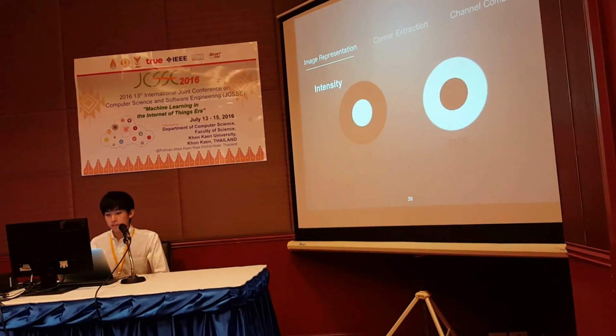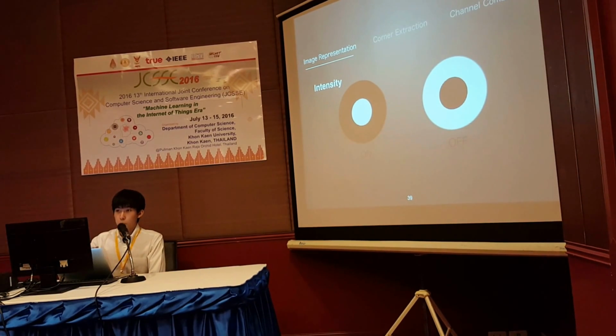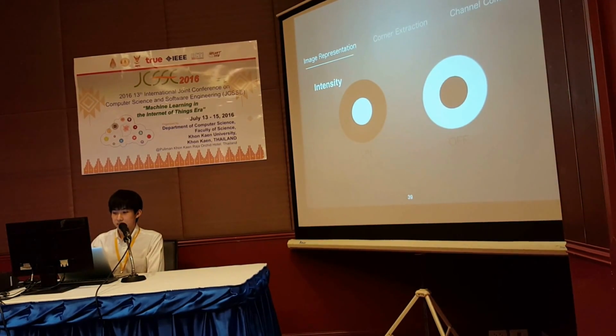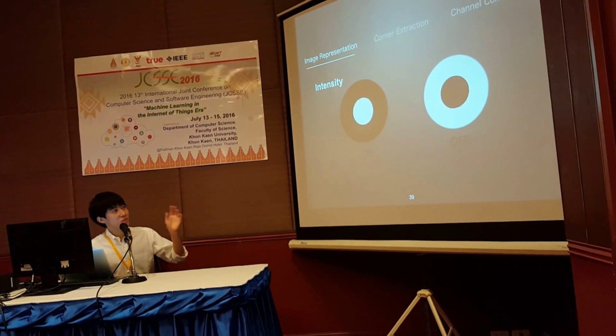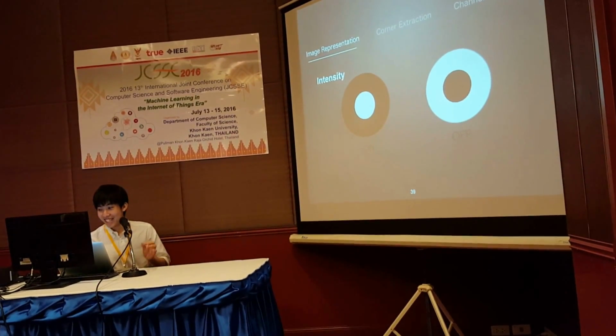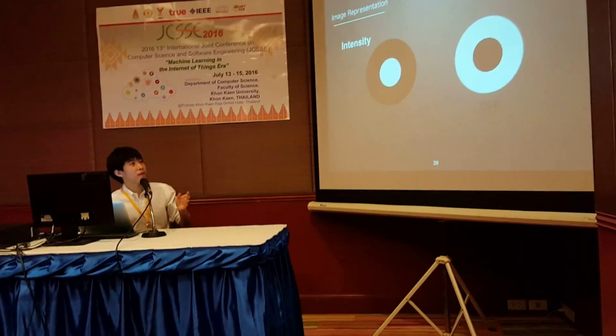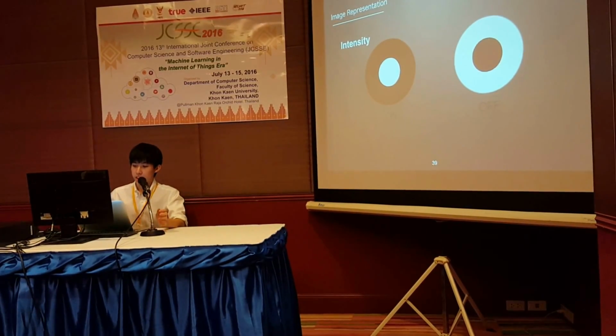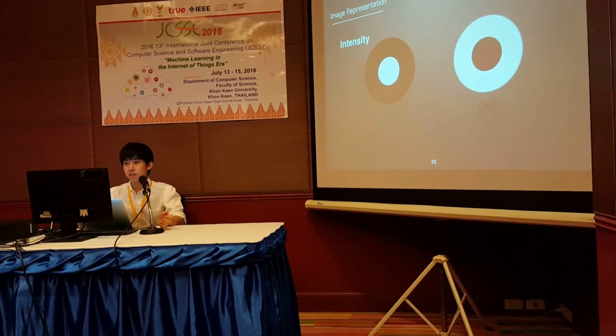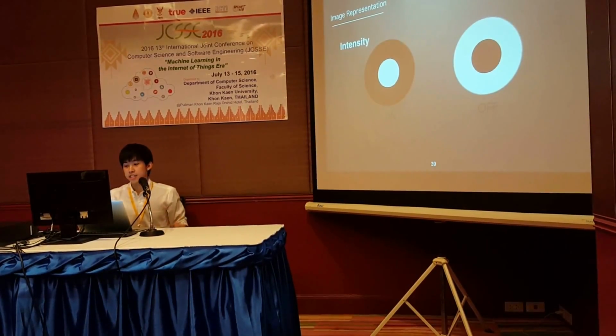So in the first stage, for intensity, first the intensity map is obtained by the average of RGB channels. And there are 2 kinds of receptive fields, so we have 2 kinds of intensity.